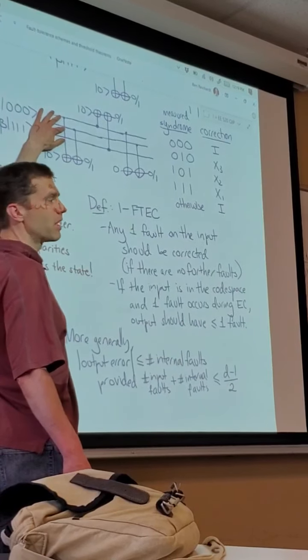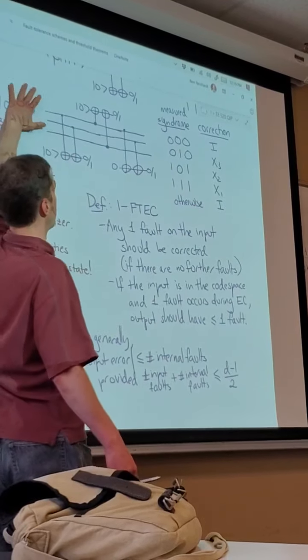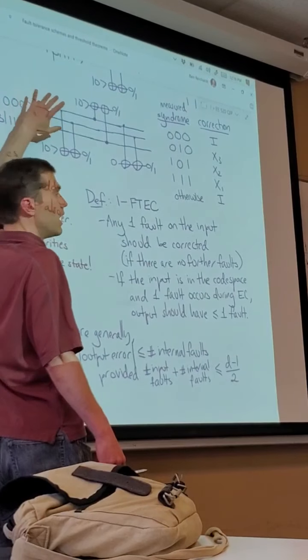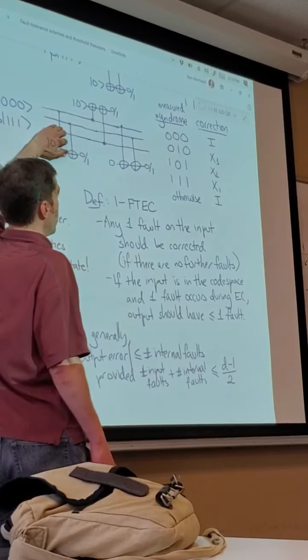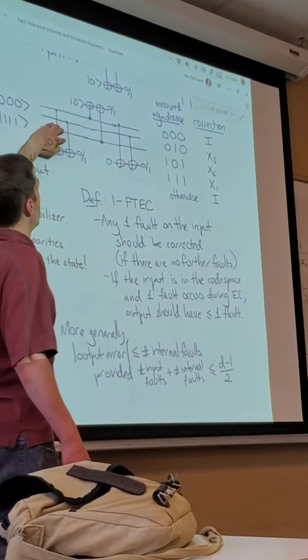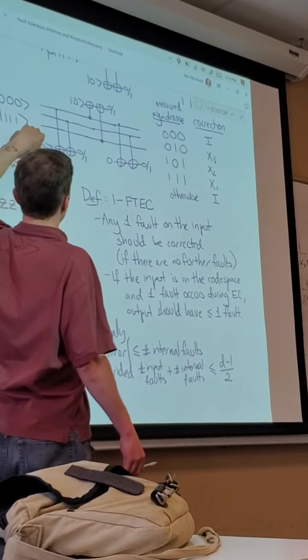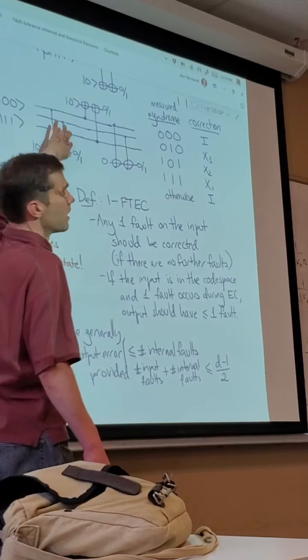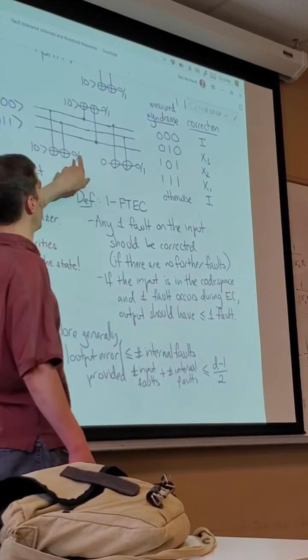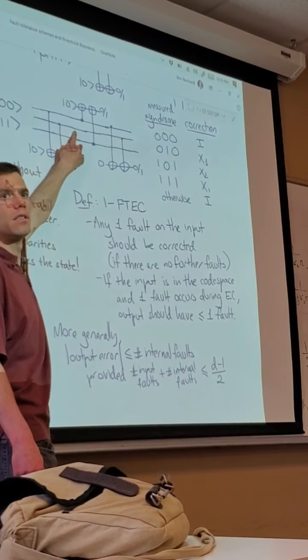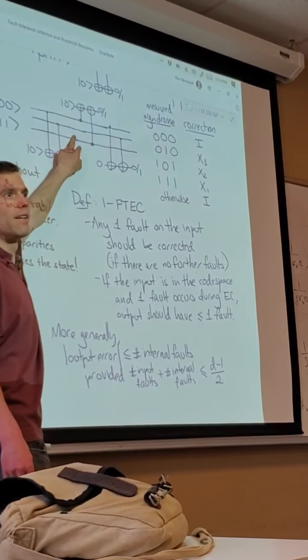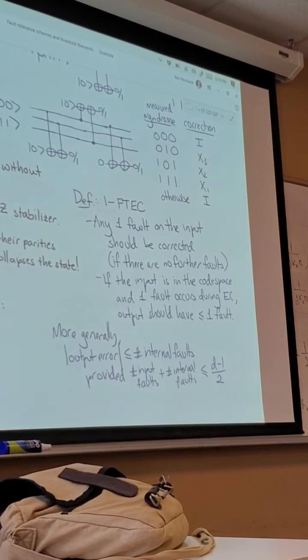For example, if I were trying to measure the parity of 4 qubits, say this were the 7 qubit Steane code, and I wanted to measure one of those Z stabilizers, I'd put a 0 here and then have 4 CNOT gates down into it. The problem is a single Z fault in the middle could spread backward to a weight 2 Z error in the data.